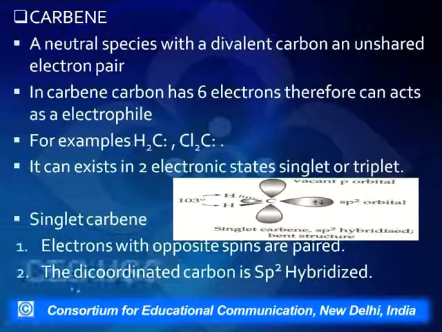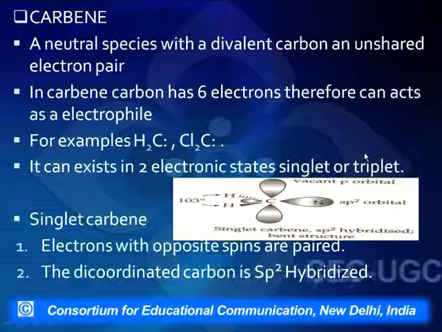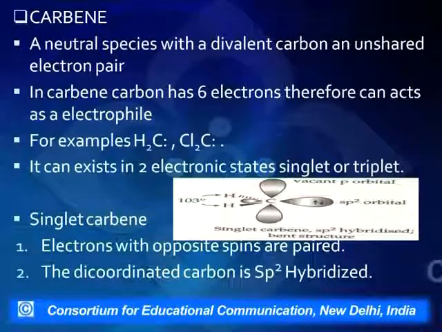This carbene is less stable than a triplet carbene because of the repulsion between the electrons in the same orbital. And second, the multiplicity of singlet carbene is 1, so it is unstable.